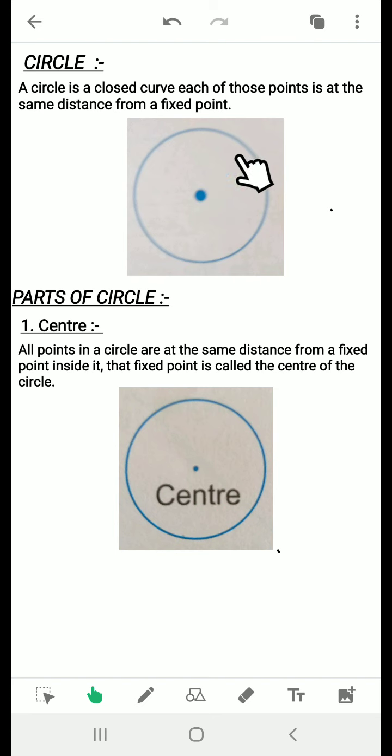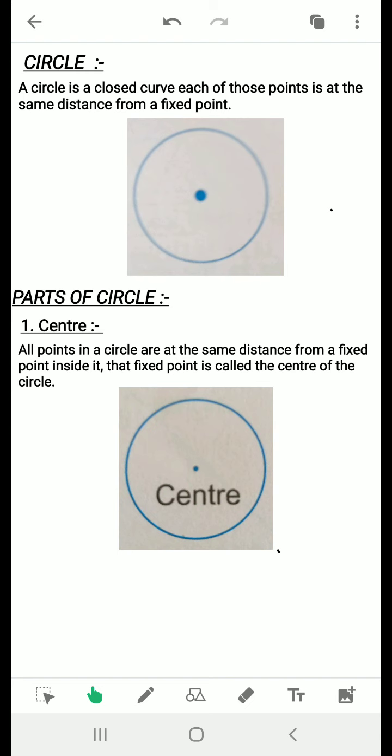If you draw line segments to this boundary of the circle, then all the distances will be the same. So a circle is the group of points, or you can say a circle is a closed curve of those points at the same distance from a fixed point. From a particular fixed point, whatever points lie on this curve will be at the same distance. Then you will get the circle.